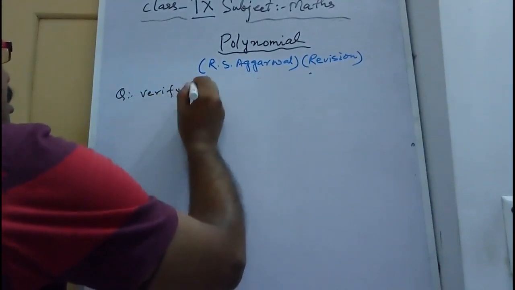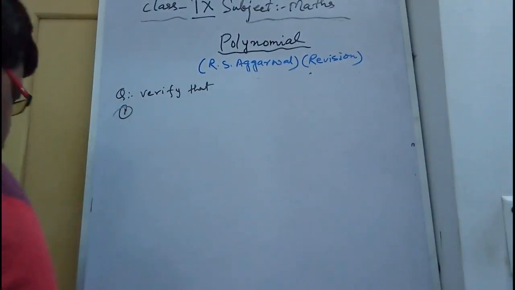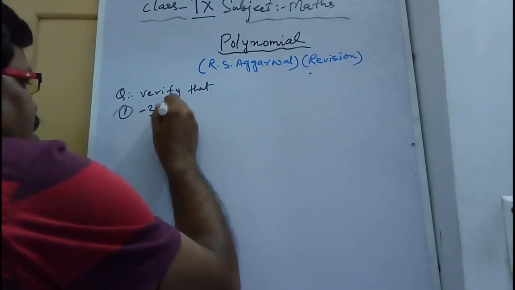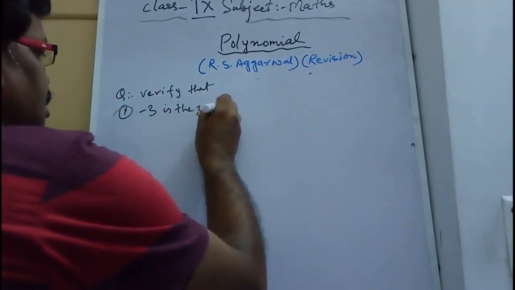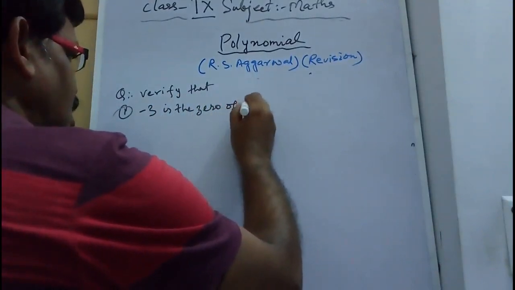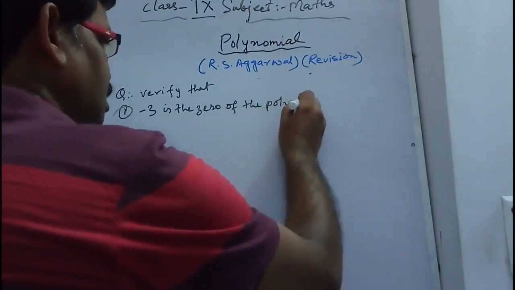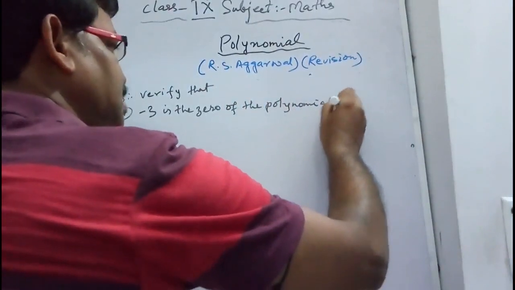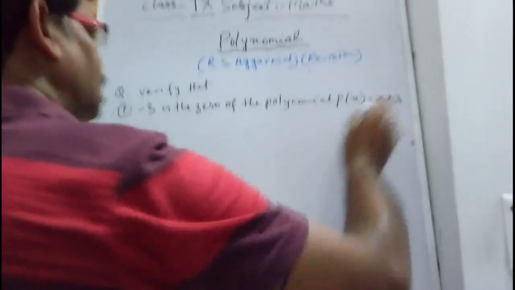Verify that minus 3 is the 0 of the polynomial px equal to x plus 3.